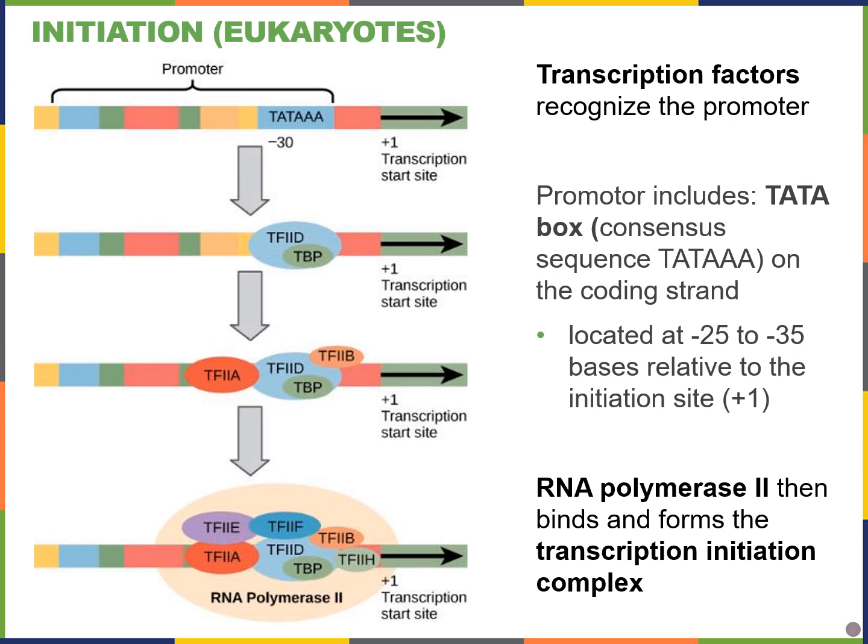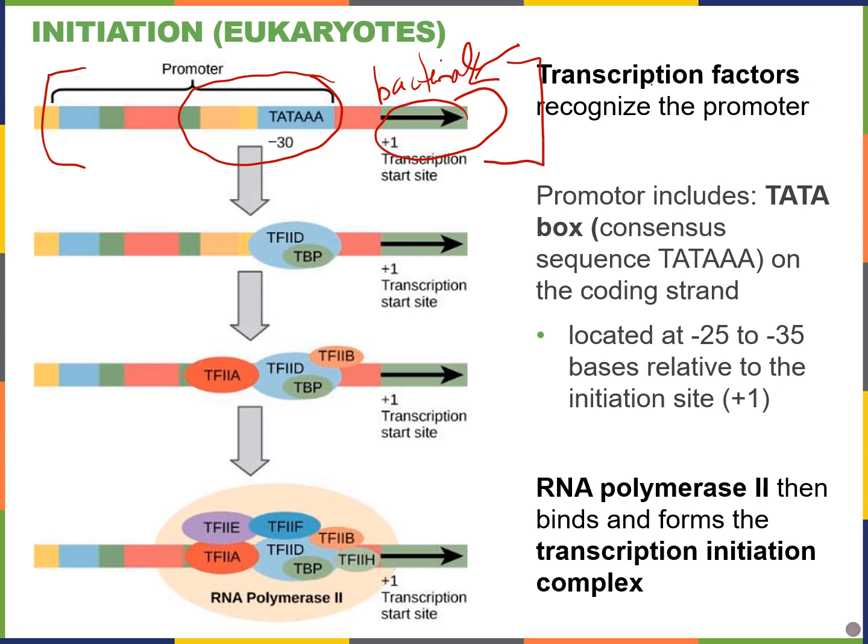Right under this image in our OpenStax textbook, there's a question where they ask: a scientist splices a eukaryotic promoter, this promoter, in front of a bacterial gene. So let's pretend there's a bacterial gene around here, and inserts this whole thing, the promoter and the bacterial gene, into a bacterial chromosome. Would you expect the bacteria to transcribe the gene?